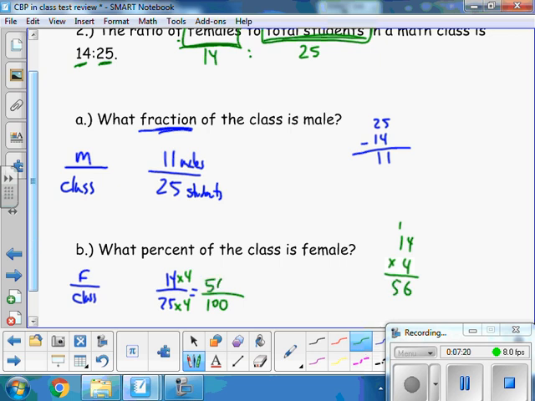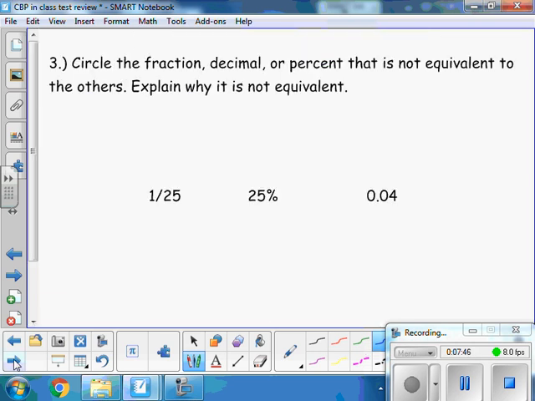So it's 56. And I can do this a couple different ways. Percents is out of 100, so this is telling me that it is 56%. Or I can say the decimal, 56 hundredths, so it's right there. And then I move my decimal 2 places to get my percent. What percent of the class is female? It's 56%. And because I know that, I can also find the percent of the males through subtraction. But let's not do that.